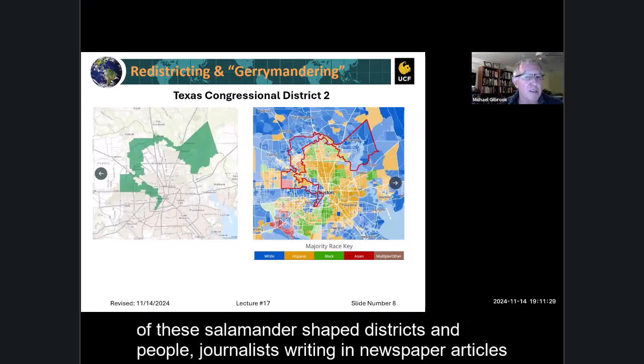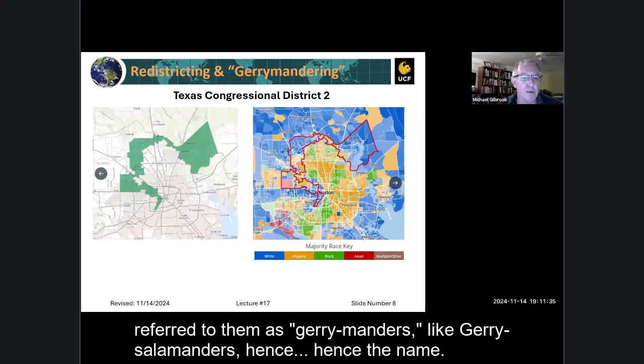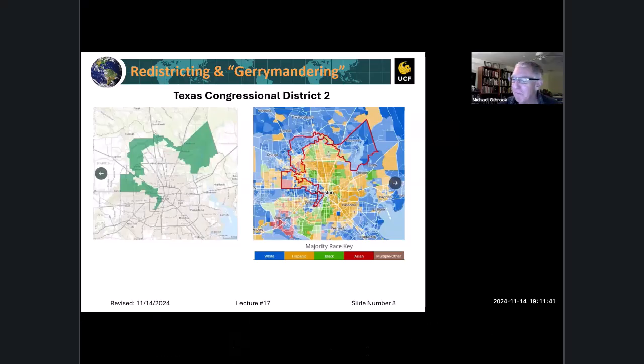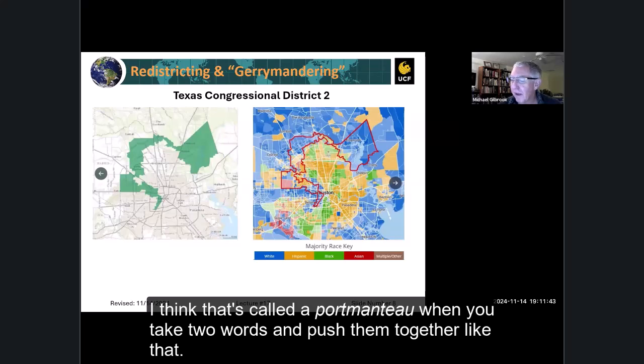It created a bunch of these salamander-shaped districts, and journalists writing in newspaper articles referred to them as gerrymanders, like Jerry salamanders, hence the name. I think that's called a portmanteau when you take two words and mush them together like that.